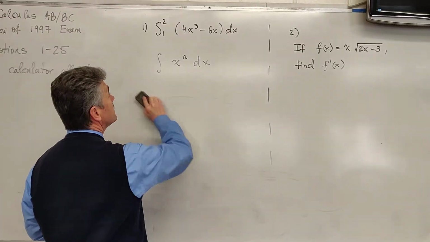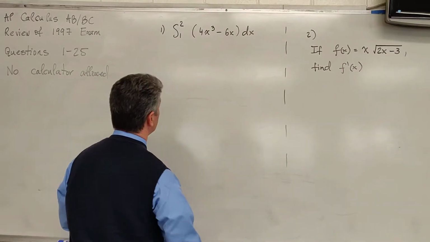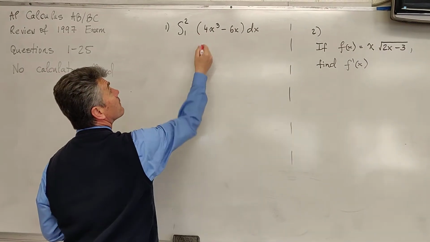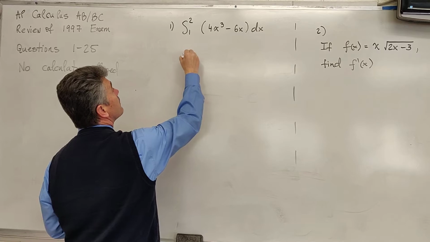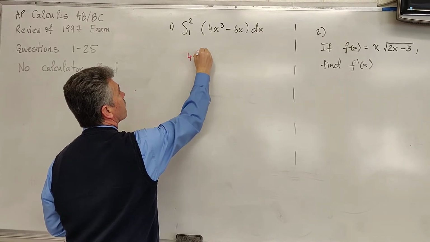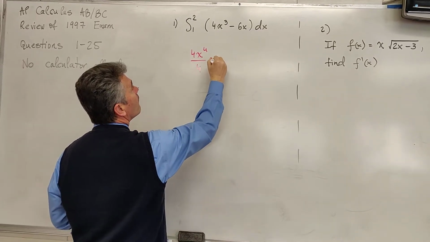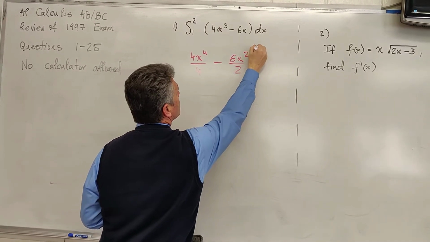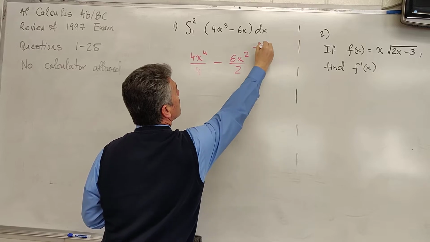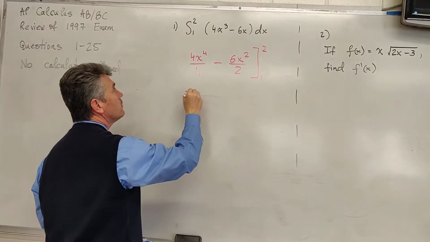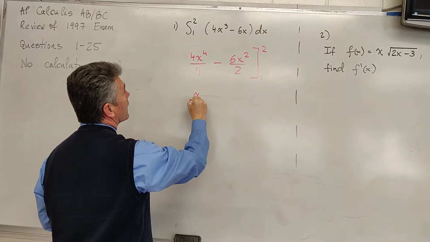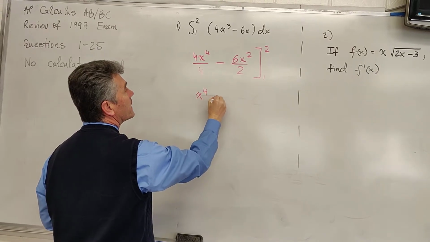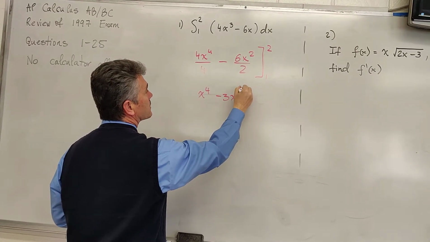So let's erase this. The antiderivative of 4x cubed is going to be 4x to the 4th over 4 minus 6x squared over 2. The lower bound is 1, the upper bound is 2. So this is x to the 4th minus 3x squared.